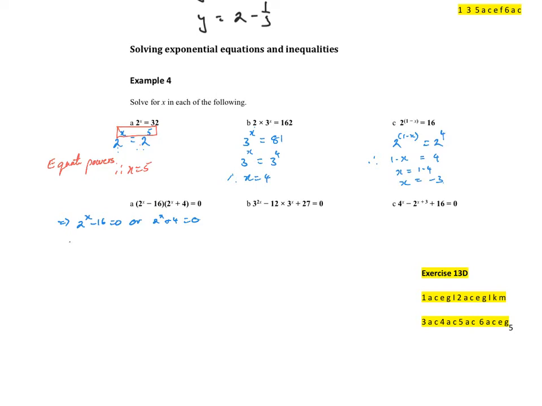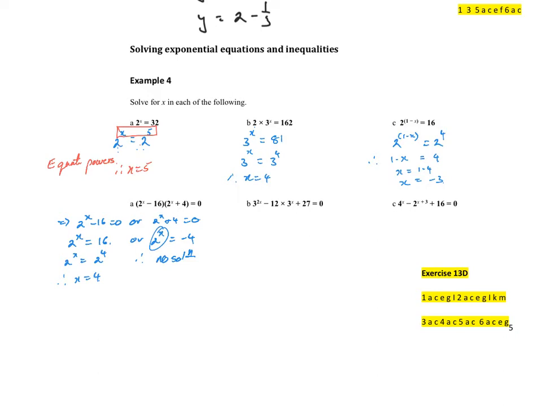If I solve that, 2 to the x is equal to 16, 2 to the x is equal to 2 to the 4, therefore x is equal to 4, or 2 to the x is equal to negative 4. Now 2 to the x is greater than 0, so there isn't a value for x that will make 2 to the x negative, so there's no solution for that.